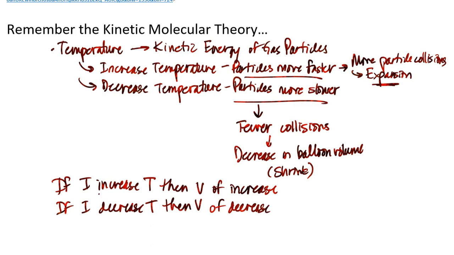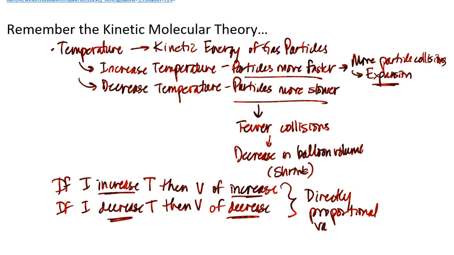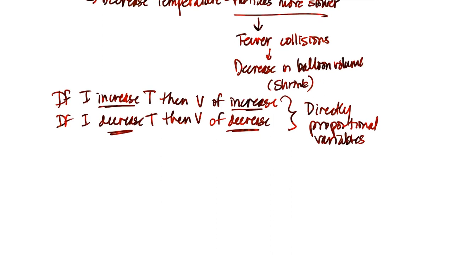So if you notice, both variables change in the same way together. This mathematically would be an example of directly proportional variables.